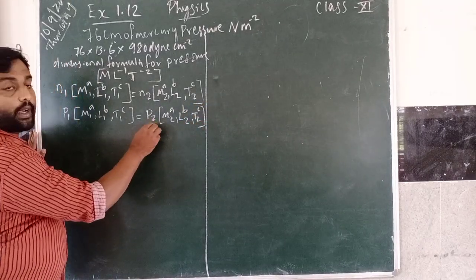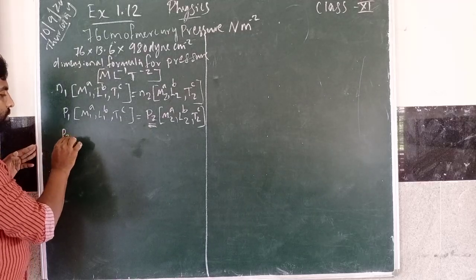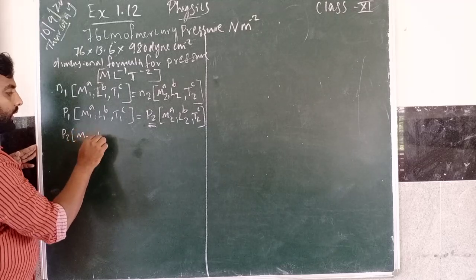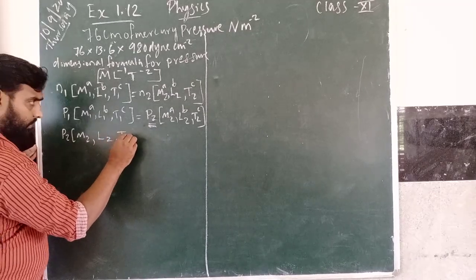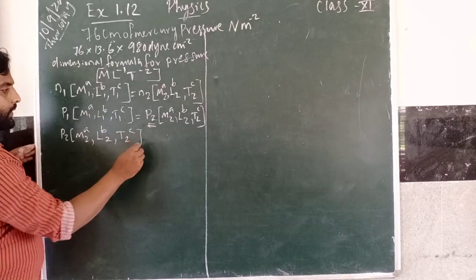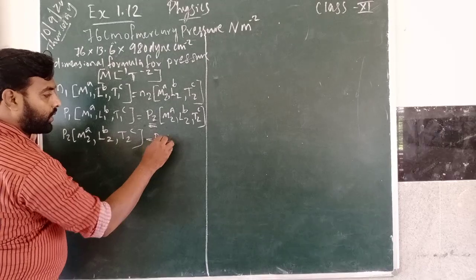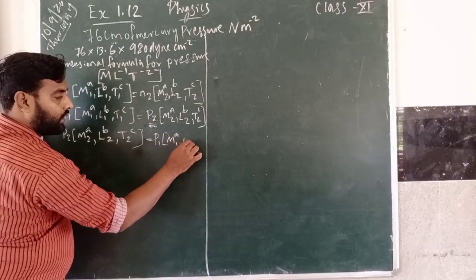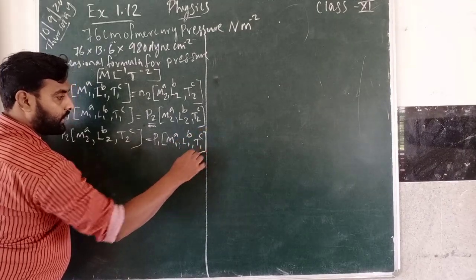Now we need to find out P2. So take this side, P2 M2 power a L2 power b T2 power c equal to, taking this term to the other side, P1 into M1 power a L1 power b T1 power c.